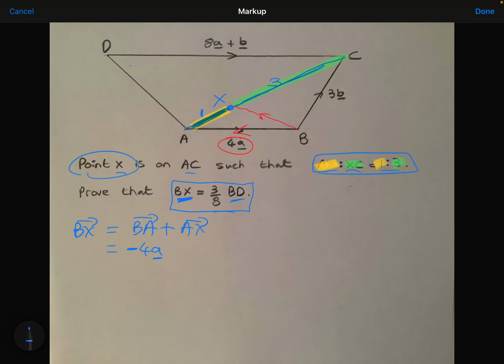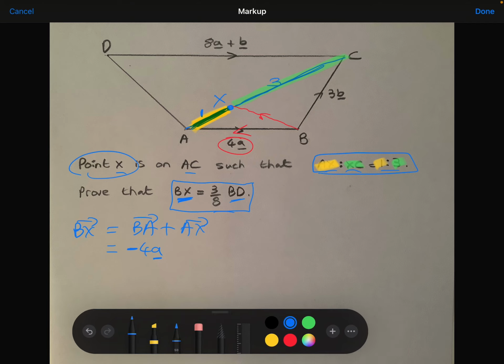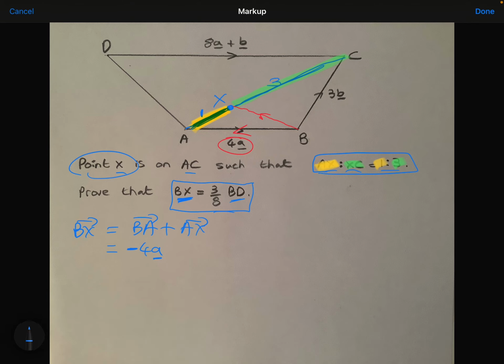The AX is a little bit trickier, but I do know that AX, remember, was 1/4 of AC. So just on the side here, I'm going to write down AX equals 1/4 of AC.